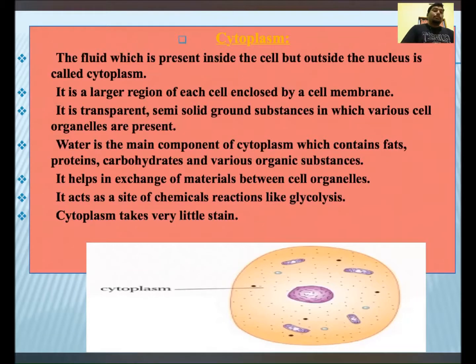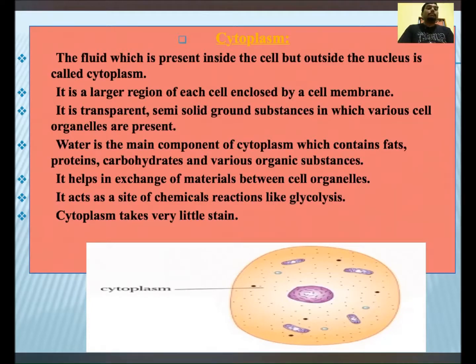Glycolysis is the formation of pyruvic acid from glucose. This is one of the important parts of respiration. Protein synthesis also takes place in the cytoplasm. Protein is needed for the growth of the body and the cell, and it is formed in the cytoplasm.